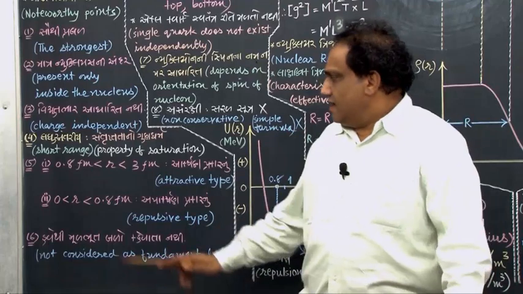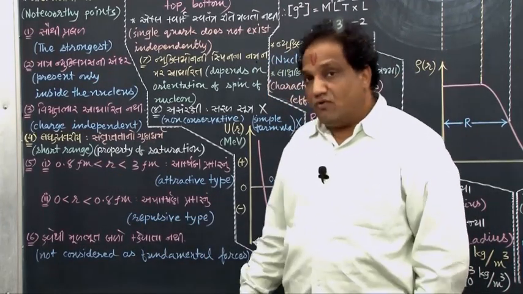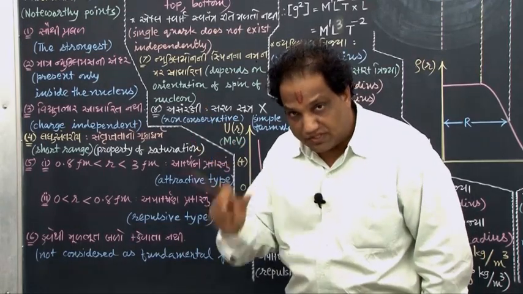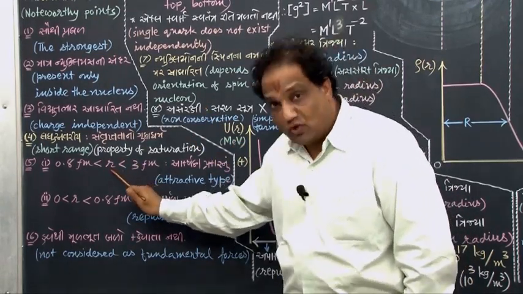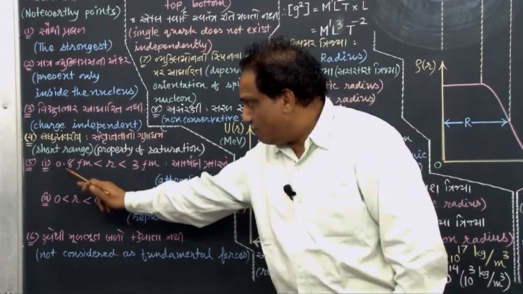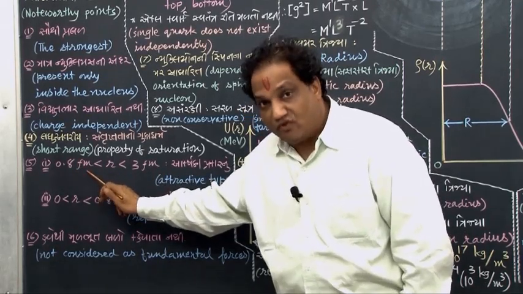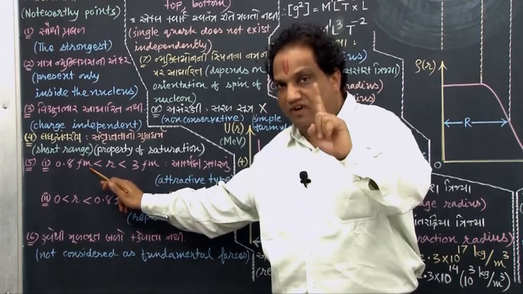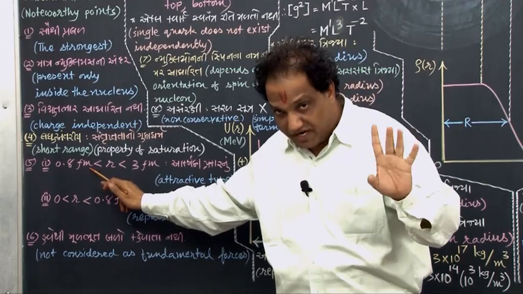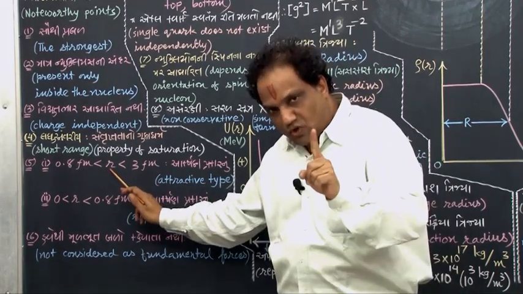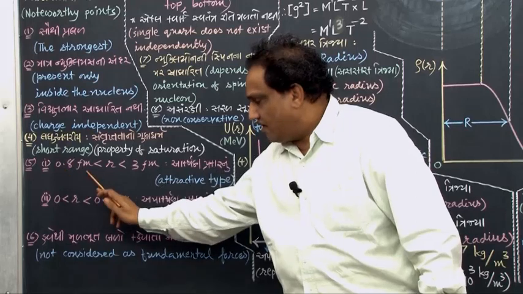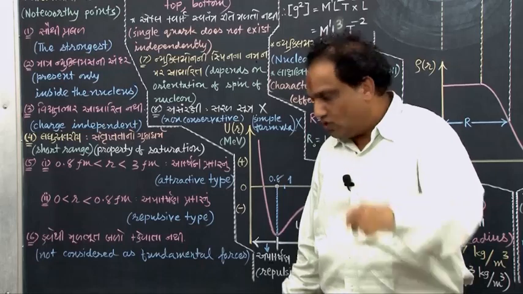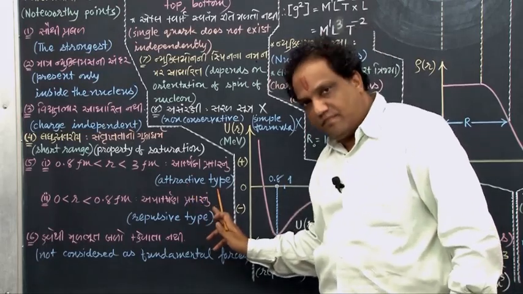Then we have come to know that for these nuclear forces between two nucleons, when the distance between two nucleons is more than 0.8 Fermi (Fermi or femtometer is shown by the symbol fm, and you must remember 1 Fermi means 10 raised to minus 15 meter) and less than 3 Fermi, the nuclear forces are found to be attractive.